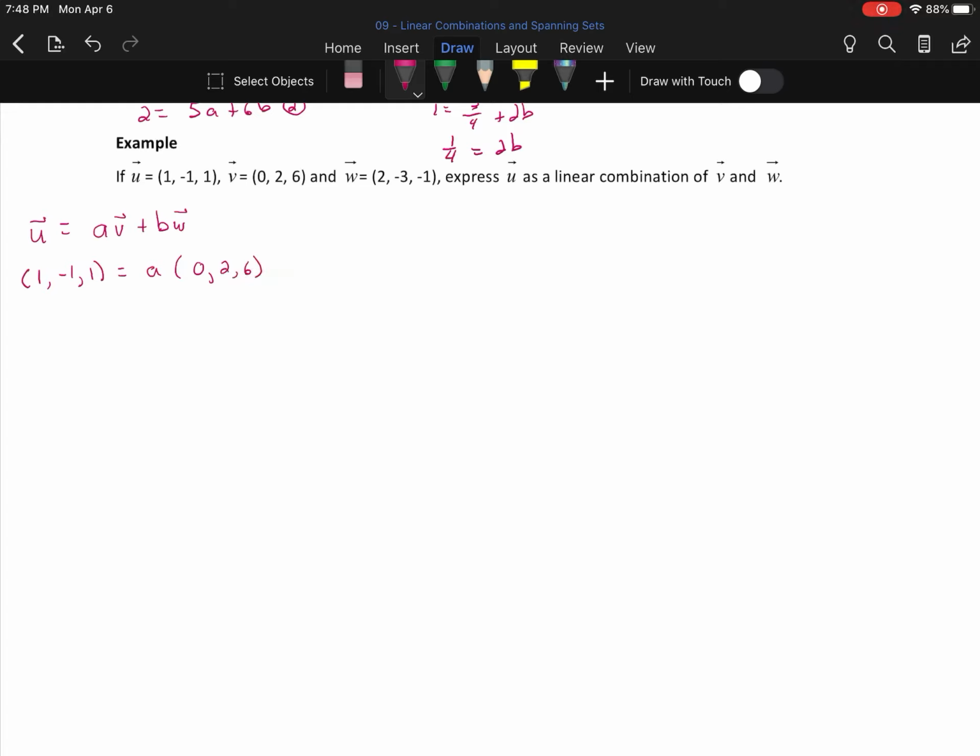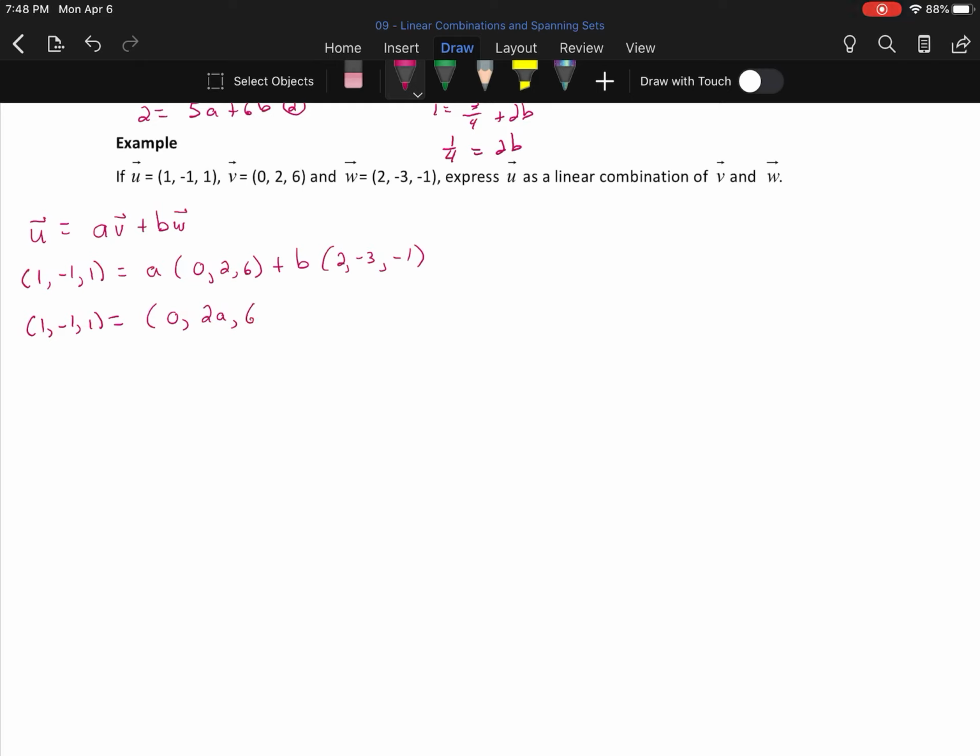Apparently, you can do the vector 1, -1, 1 as some combination of 0, 2, 6's and 2, -3, -1's. My job, figure out what the A and B are that make this work. Again, they're telling me, because they told me to do it, that it's going to work here. I'm telling you in 3D, it doesn't have to work, and we have to investigate that more as this lesson goes on. But for now, we proceed.